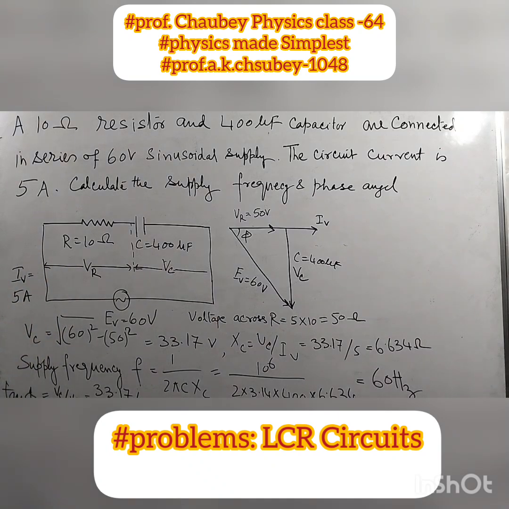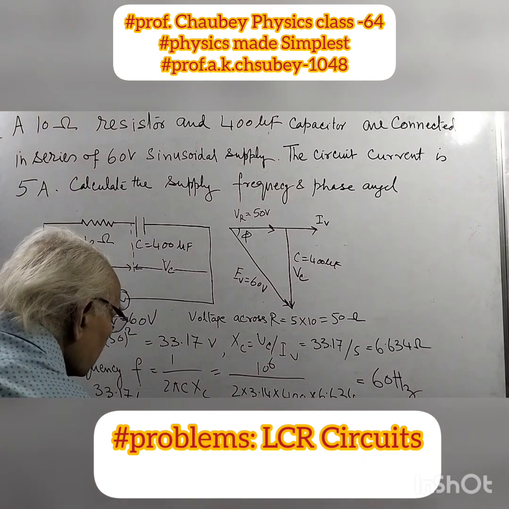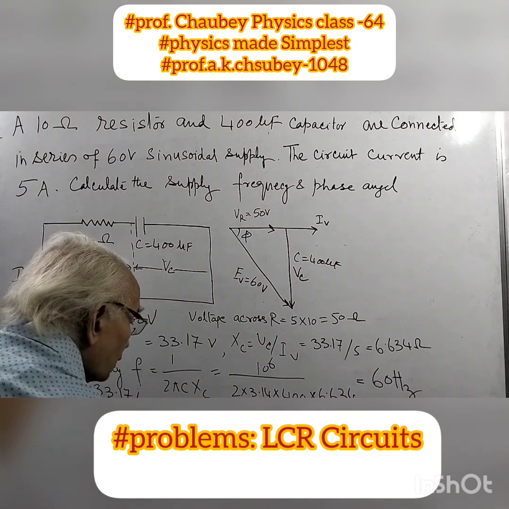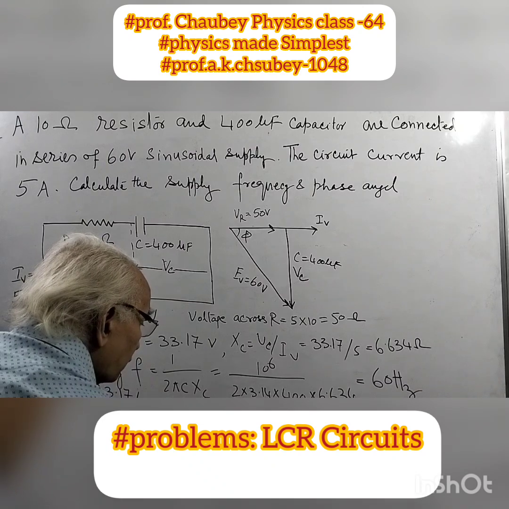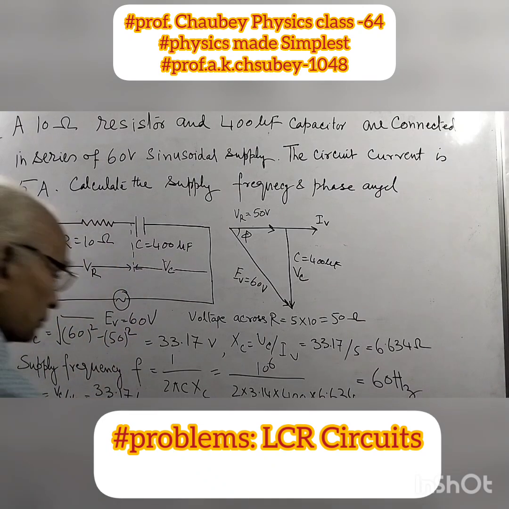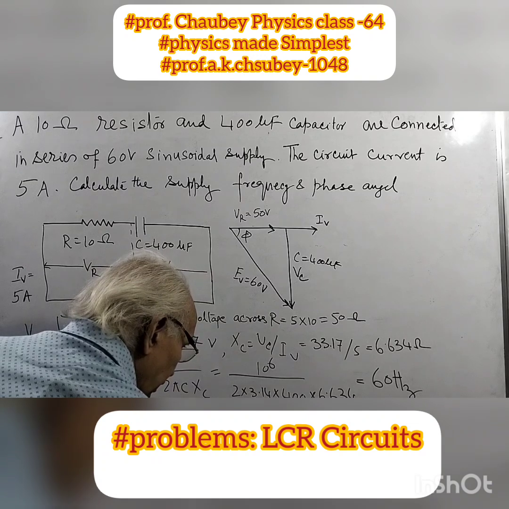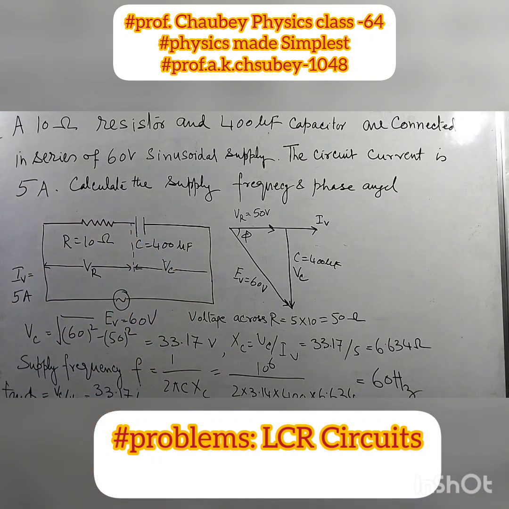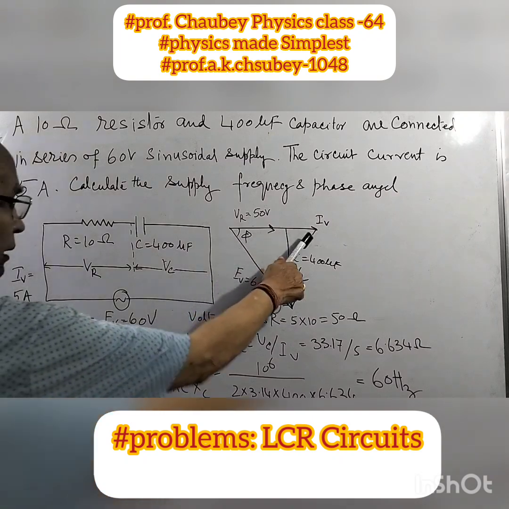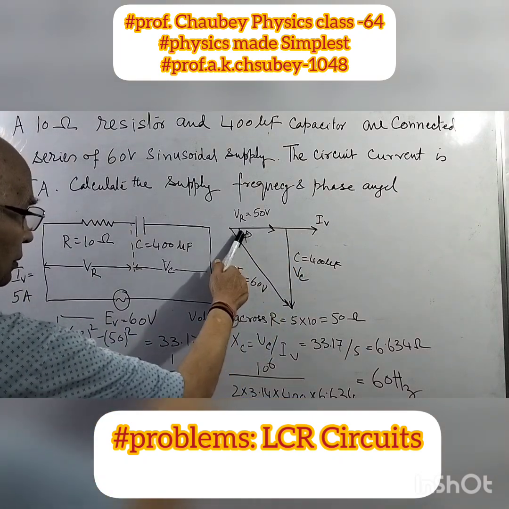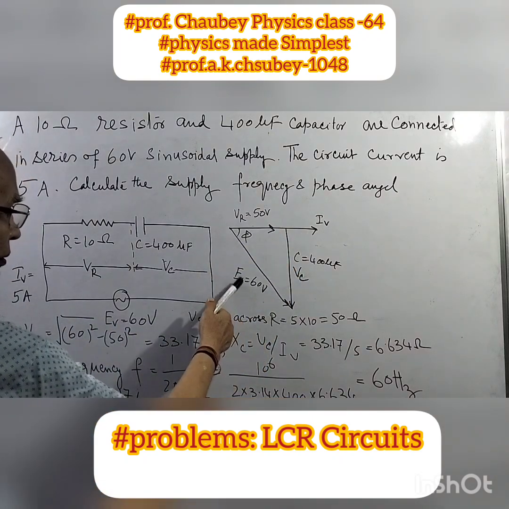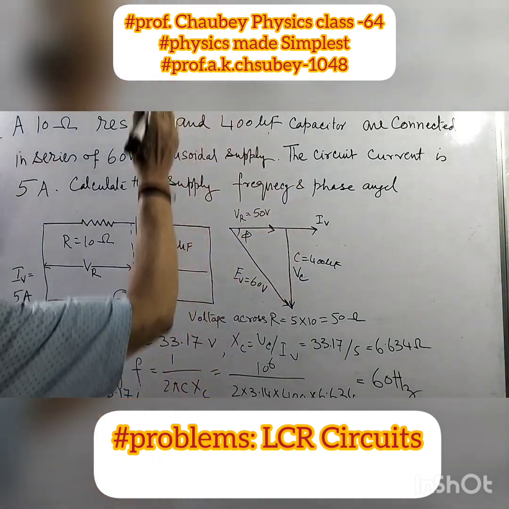So you will get phi equal to 33.56 degree, and this is lead, because it is a plus value. Current is leading. Current is here, voltage vector is here, E. So current is leading.